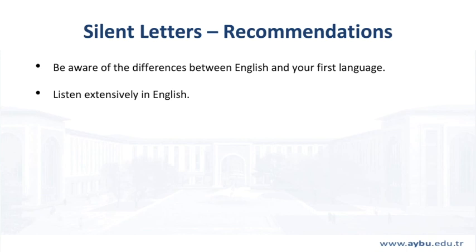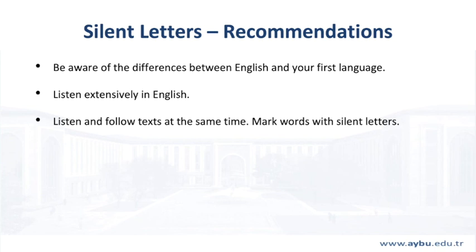By doing so, you will be exposed to your foreign language, English, even more. And finally, while doing listening, you can also follow it from text. This way, sound gets physical in front of your eyes, which can help you realize silent letters more easily.